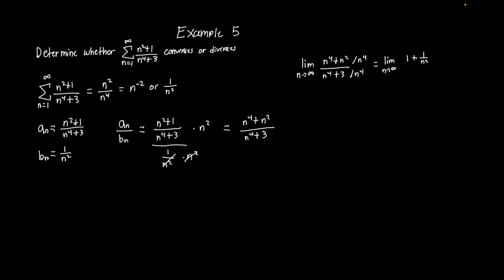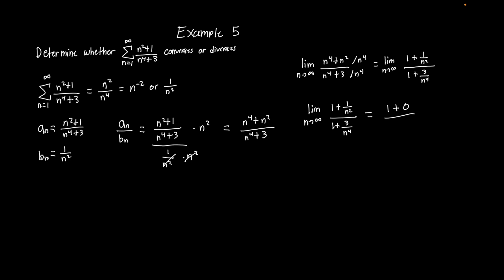Then on the bottom, n to the 4th power divided by n to the 4th power is just 1. And then 3 divided by n to the 4th is just 3 over n to the 4th. Right? So now we can finally take the limit. The limit as n approaches infinity of 1 plus 1 over n squared over 1 plus 3 over n to the fourth is equal to 1 plus 1 over infinity squared, which is just 0.